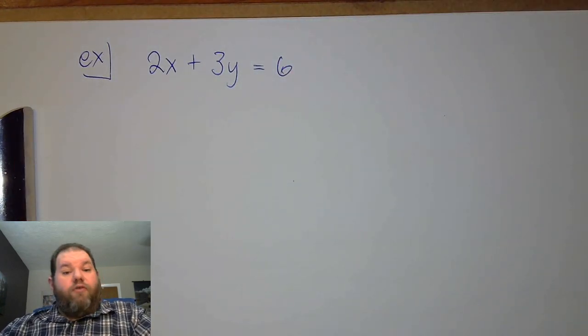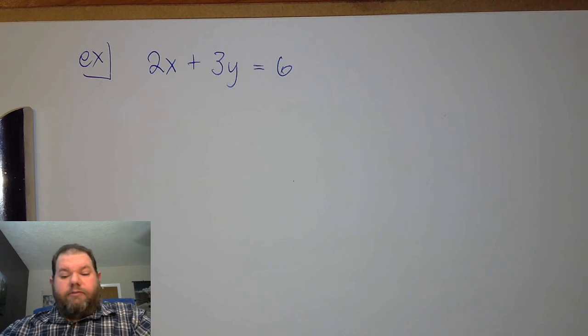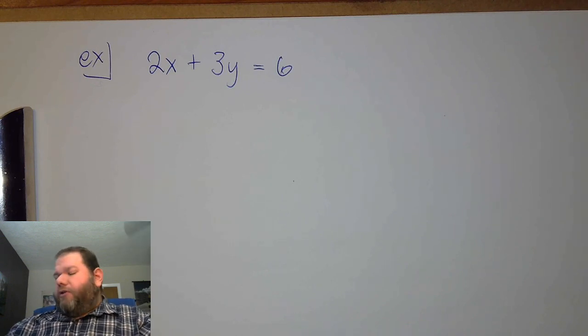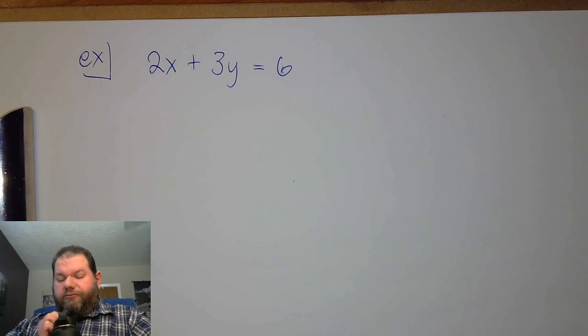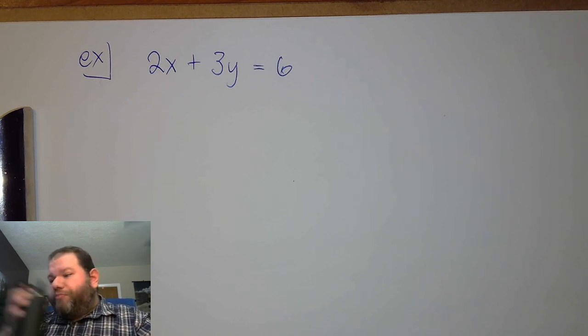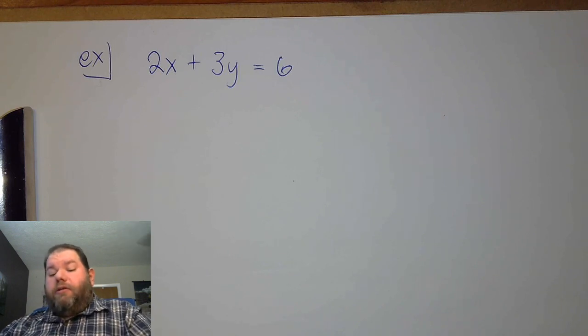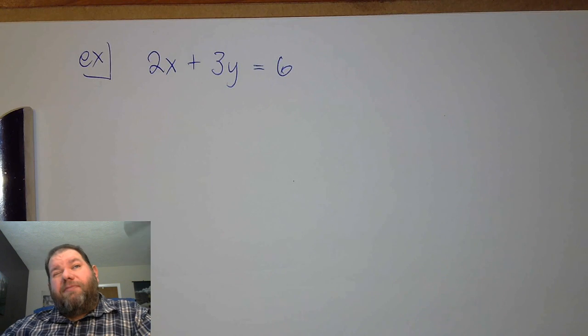Now, first thing that we notice is different about this equation is that we no longer have just y by itself. We have x and y on the same side of the equation equal to a number on the right hand side. And so in this case, it's actually beneficial to solve for y.